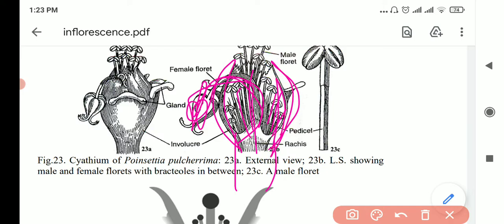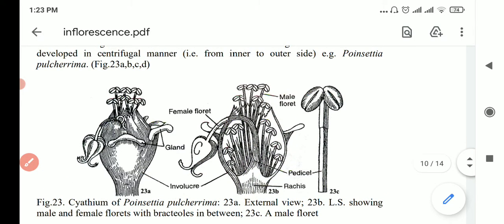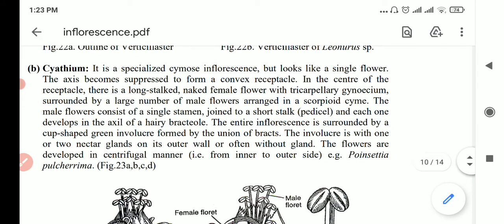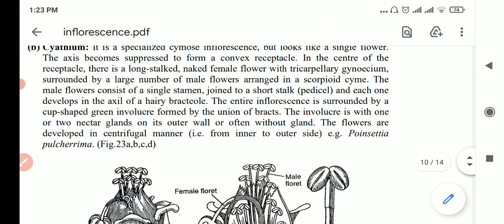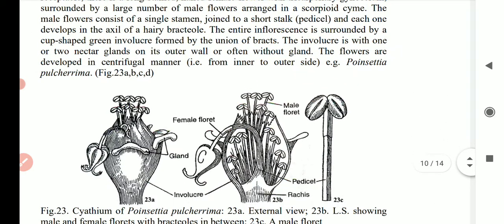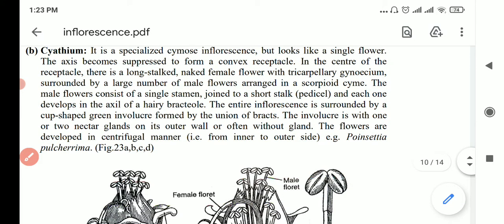Okay, they are inside the involucre, and some pierce through the involucre. And this female has 3 carpels inside. It's divided into 3 sections, so it's tricarpellate. Okay.